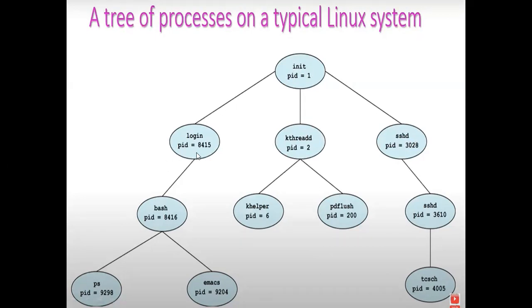The PID value for the login process is 8415, 2 is the PID value of the kthreadd process, and 3028 is the PID value for the sshd process. So each and every process can create new processes, and each process will be identified by a process ID, which is an integer value.